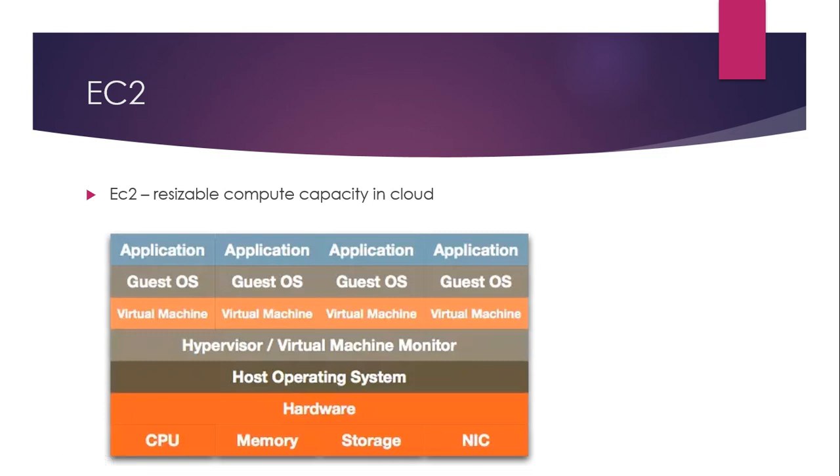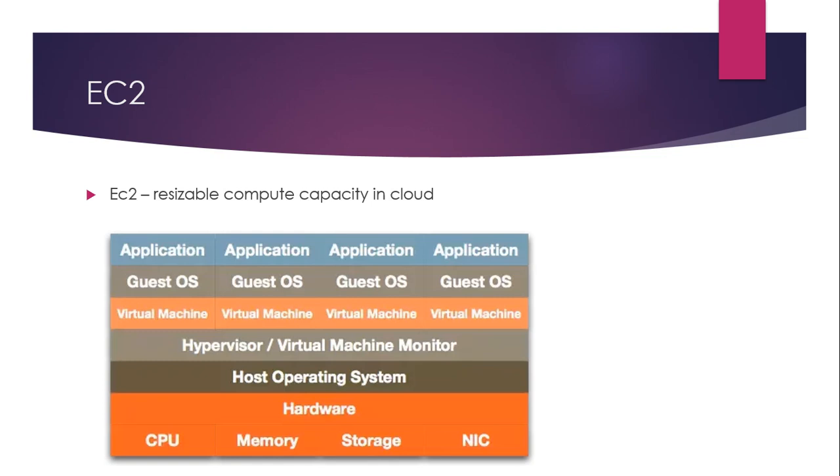It deceives the operating system on each of the EC2 instances, letting them feel that they have their own CPU, their own memory, their own cards, and their own hard disk. So it deceives the operating system on each one of these EC2 instances, making them feel that they have their own.